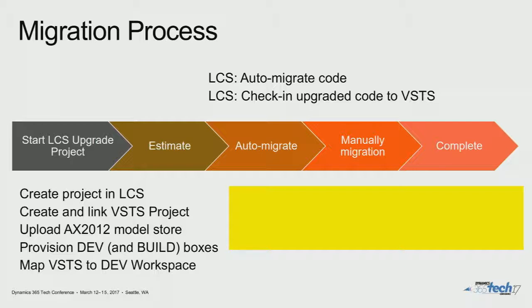If you're not ready to check in your code into version control, we have another option for you. You can run just the estimate, checkbox estimate, and we're not going to check in any code yet, but we're going to provide you with an Excel spreadsheet that will provide you an overview of what's left, what the complexity of the upgrade is going to be when you are ready to perform it.